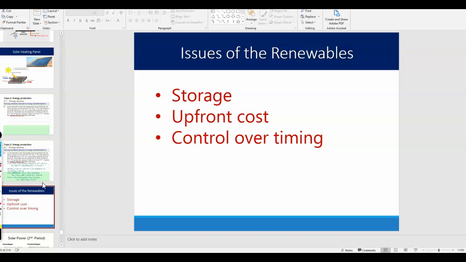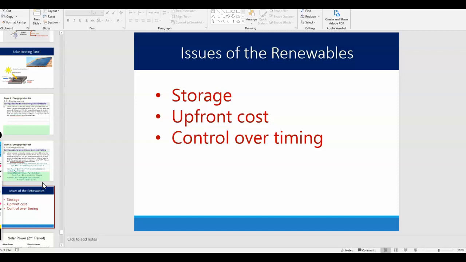Producing photovoltaic cells, or even solar heating panels for that matter, is very expensive, and it takes certain types of materials that are not necessarily cheap or easy to get. And a big issue, of course, is timing, because if it's nighttime, then you're not producing energy because there is no sunlight. So all of these are disadvantages to consider as far as solar energy goes.